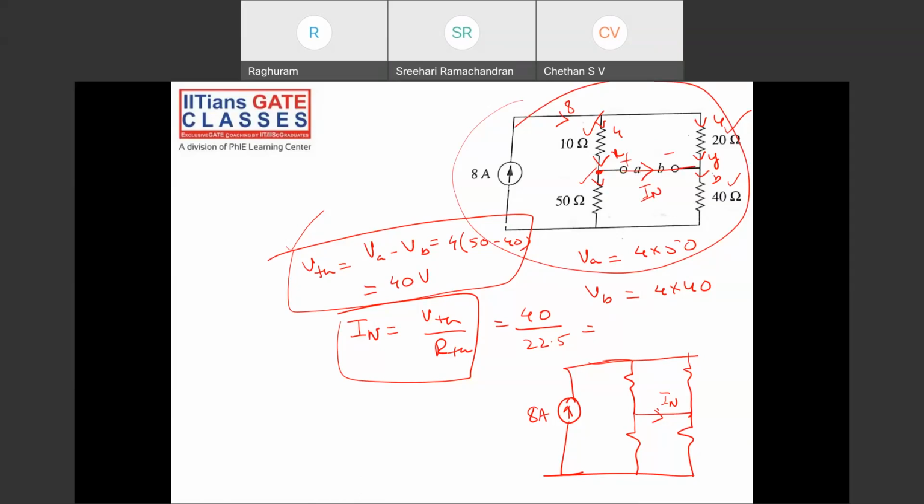Try to do the same problem with the dual. Take a screenshot and try to solve it using the duality principle and find the voltage VAB after converting it to the dual.